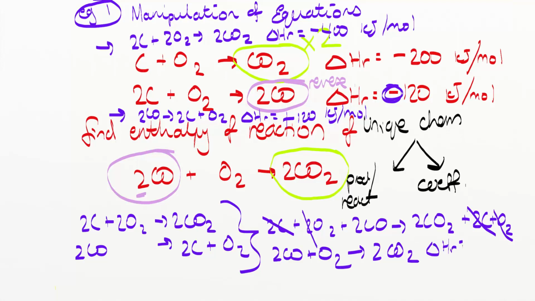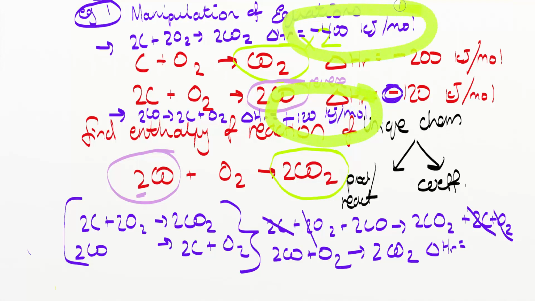And the delta HR here is simply going to be, remember, when we add 2 equations together, we add the delta HR values. So let's look at what these delta HR values are. We said the delta HR value was 120 kilojoules per mole, as well as this one over here, which is minus 400 kilojoules per mole. So the delta HR of our final equation is going to be minus 400 kilojoules plus this 120 kilojoules.